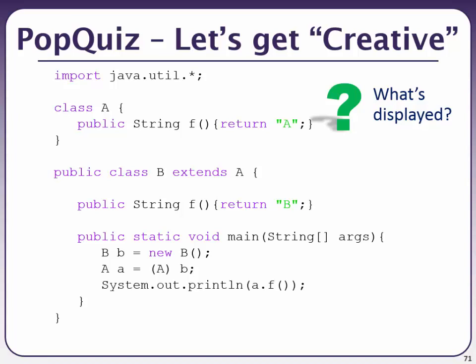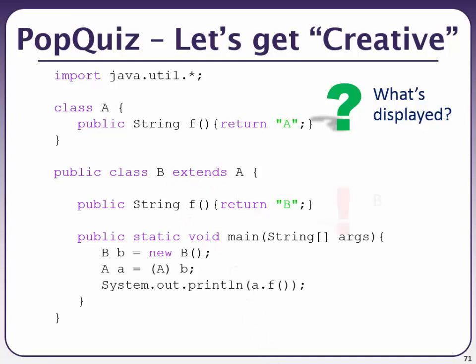Yes, I converted the reference, but at the end of the day, I can call F on A because A is a reference to an object of class A, and the class A contains the method F, so that's check, okay, that works. But when I execute the method F, the method that is actually available inside the object, because this is an object of class B, is this one, okay?